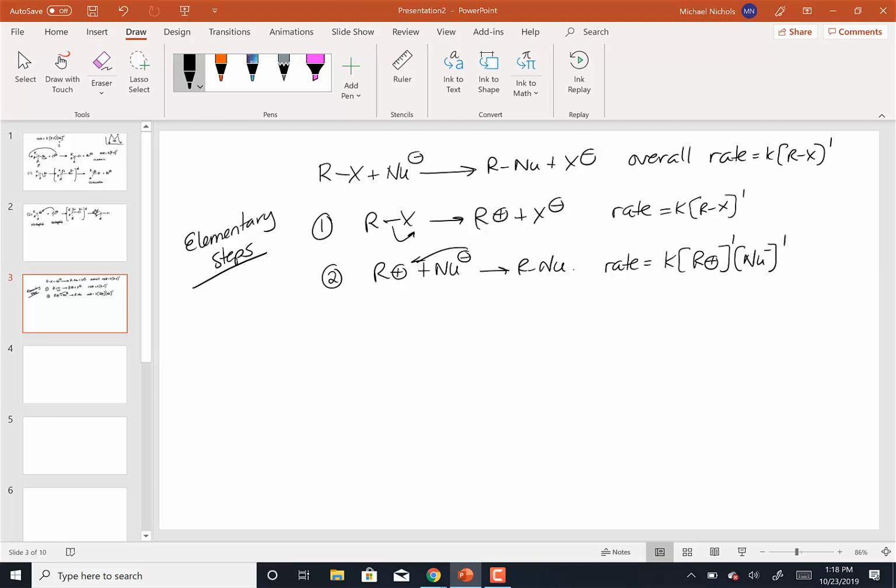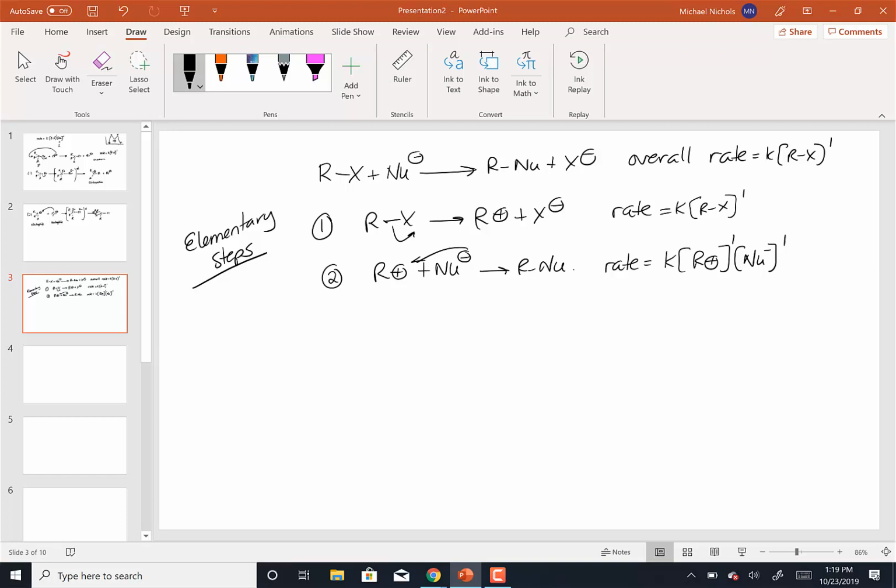Now, those two elementary steps do not have to occur at the same rate. And how would I know which elementary step was faster, which one was slower?